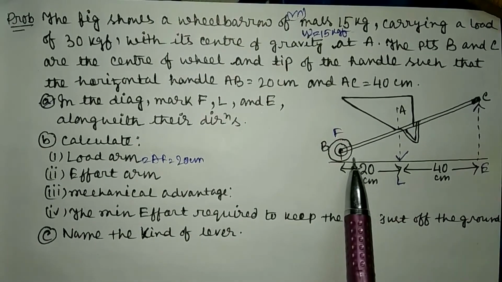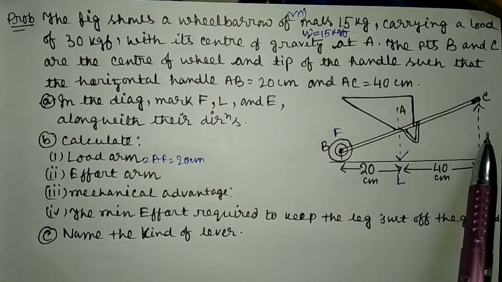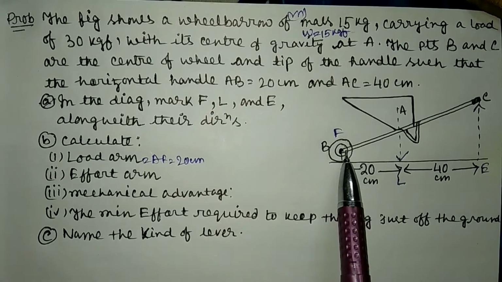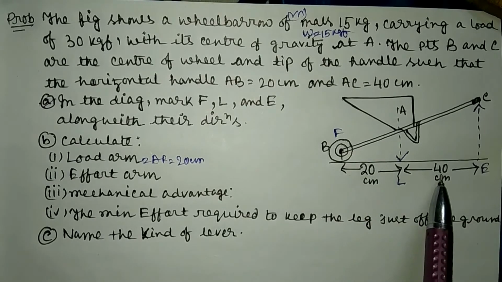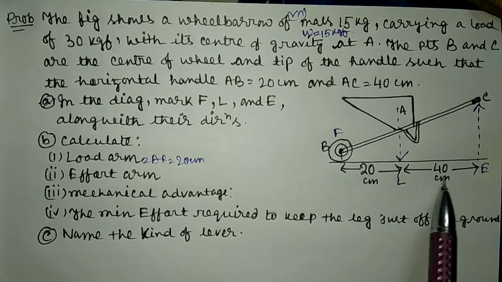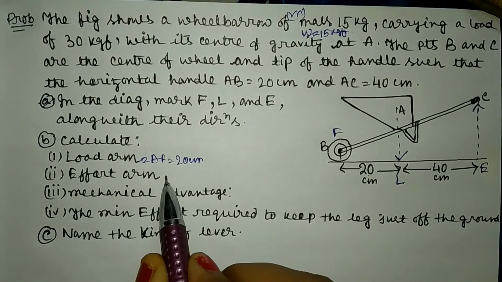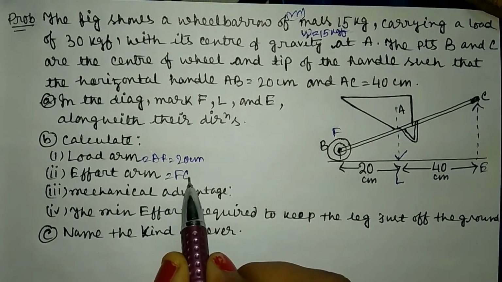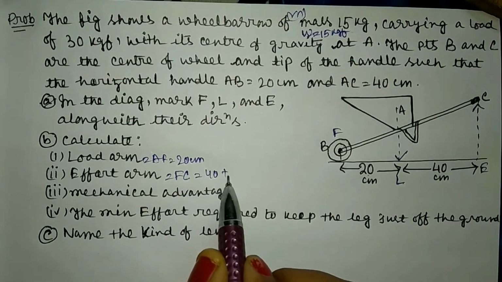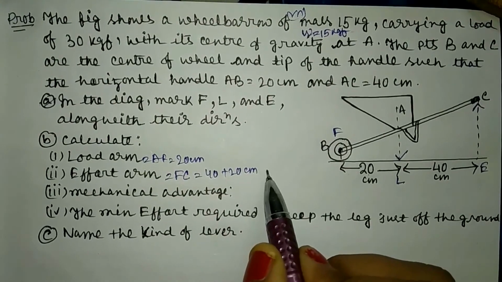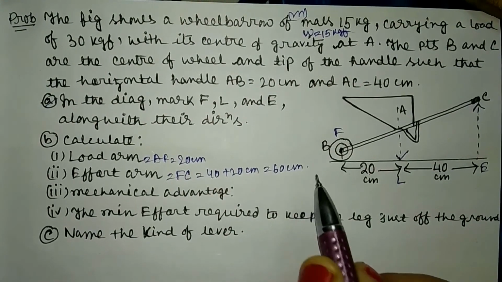And the effort arm equals the distance from the fulcrum to the effort, that is FC equals 40 cm plus 20 cm, equals 60 cm.